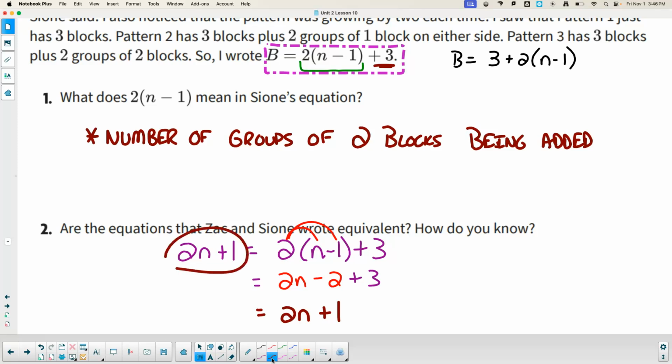And now we've got Zach's equation. So they are equivalent. We knew that they were going to be equivalent because they both worked. We checked them both in our pattern beforehand. So yeah, they're equivalent, and we just showed it.